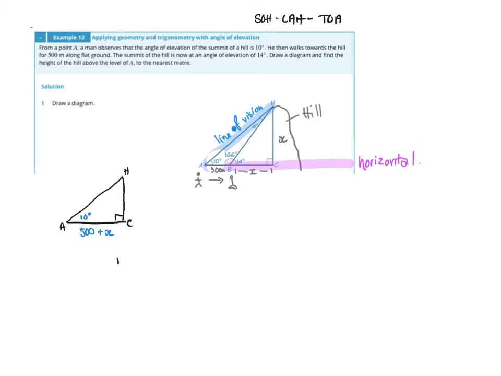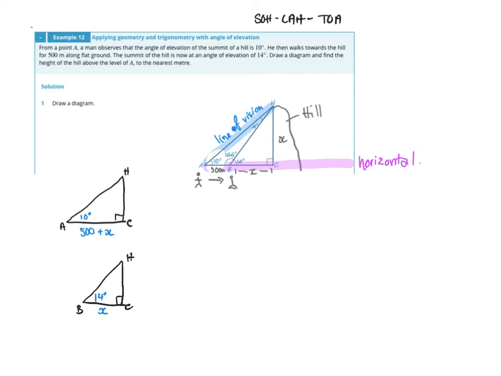The second scenario is when he's at B, C, and H. So this distance is just X, and you know this is 14 degrees.